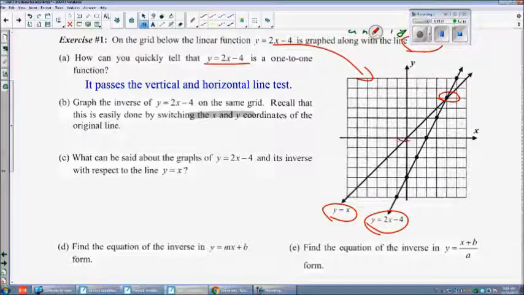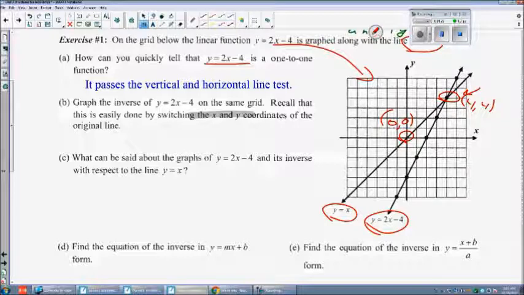Sure, 0, 0. This one up here is 4, 4, and that's 0, 0. So how tough is it to switch those? Not tough at all.